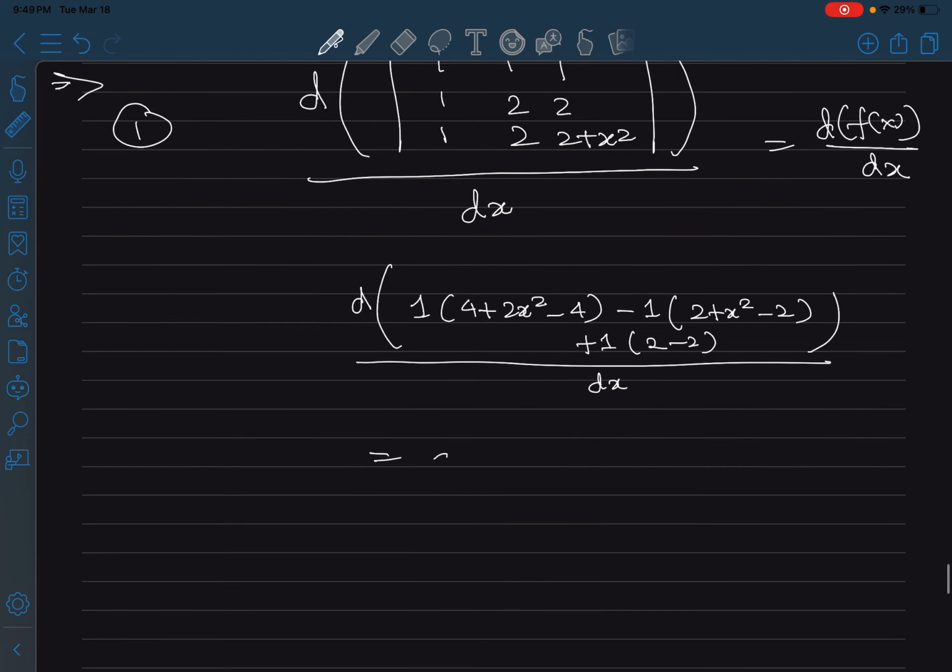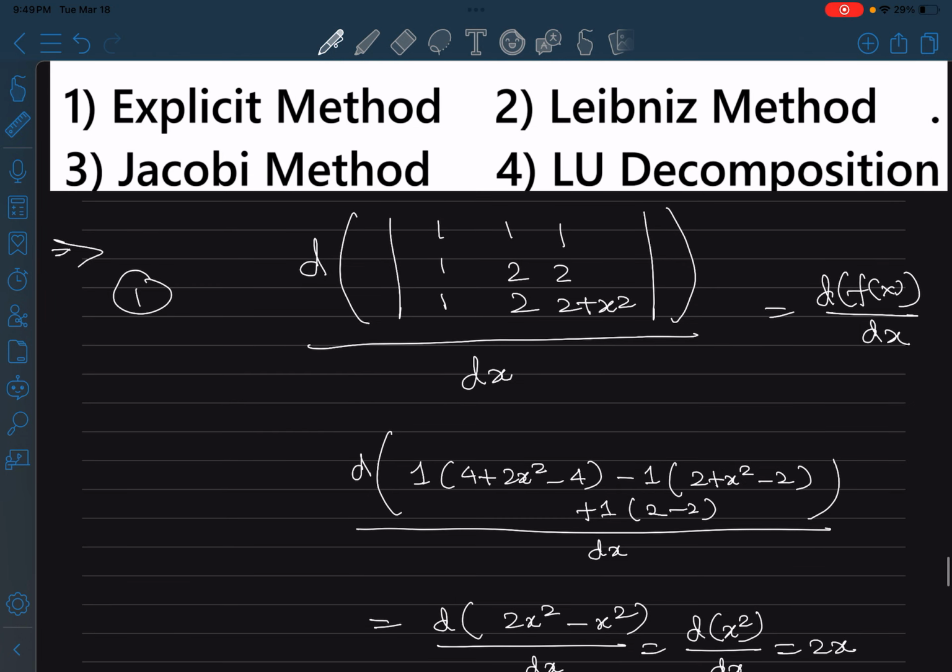And this becomes d by dx of, this is just 2x square, and this is minus x square. So this becomes d of x square by dx, and that becomes 2x. And so yeah, the first one was easy.